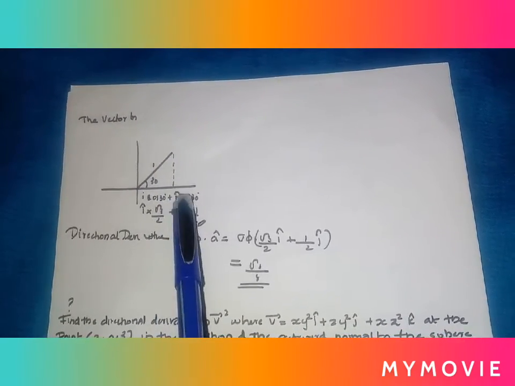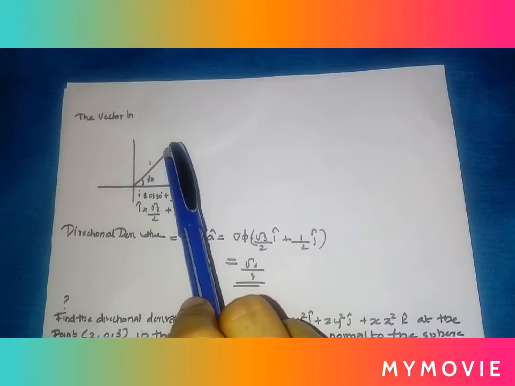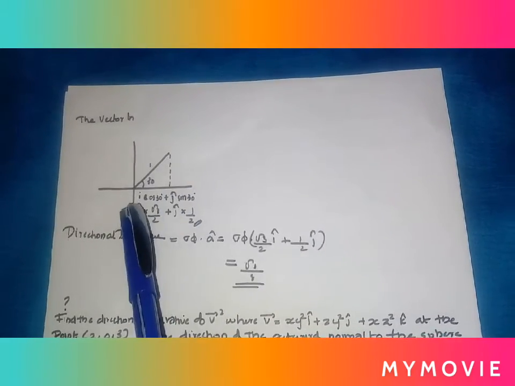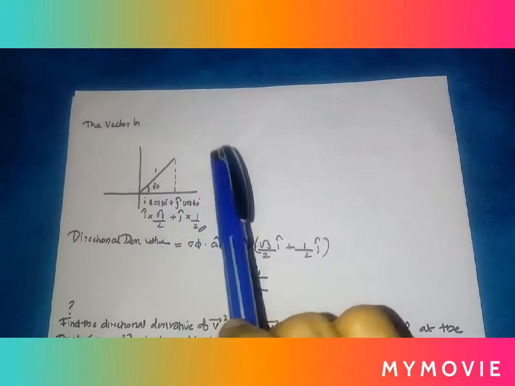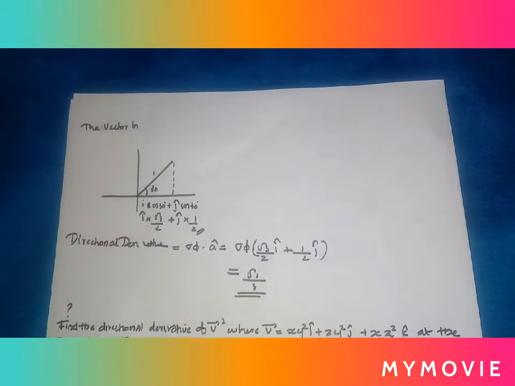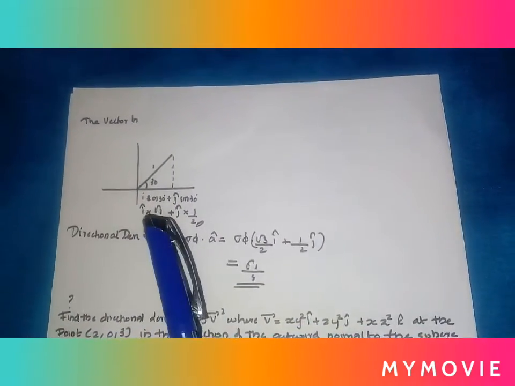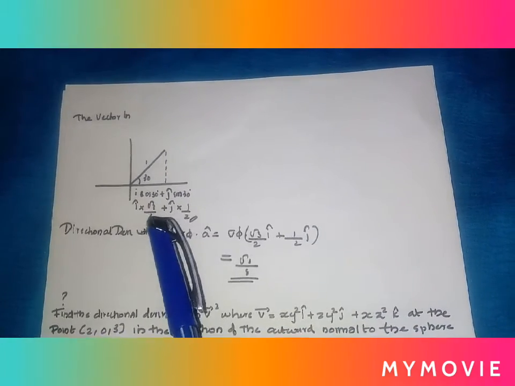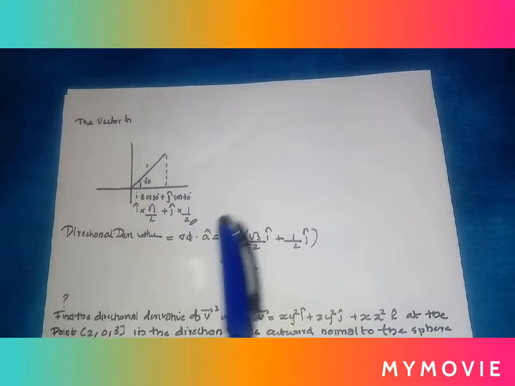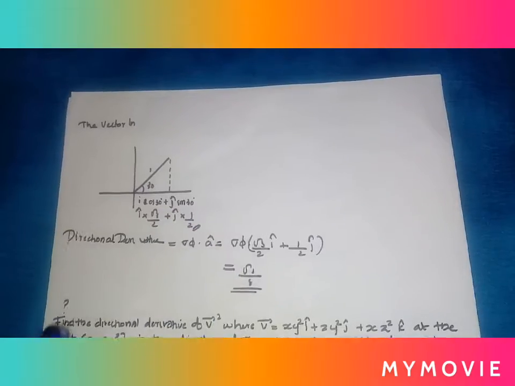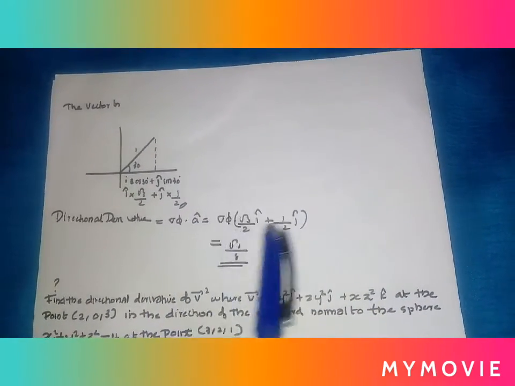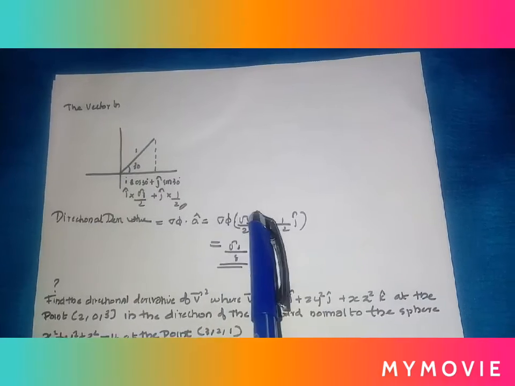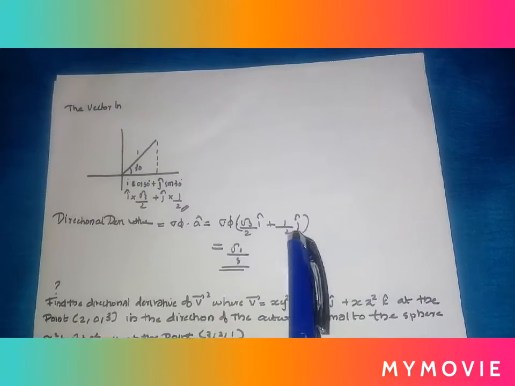The adjacent side is x and the opposite side is y. So cos 30 i plus sin 30 j is the representation of the vector which makes 30 degree with the positive x-axis. Root 3 by 2 i plus 1 by 2 j are the values of cos 30 and sin 30. So the directional derivative, del phi dot a cap, means del phi into root 3 by 2 i plus 1 by 2 j.